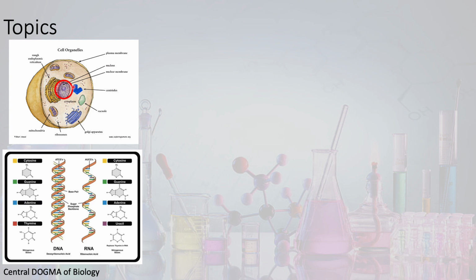So within the nucleus, hopefully everyone remembers that there are large molecules called deoxyribonucleic acids, and within certain stretches of these deoxyribonucleic acids, or DNA, are things called genes, right?